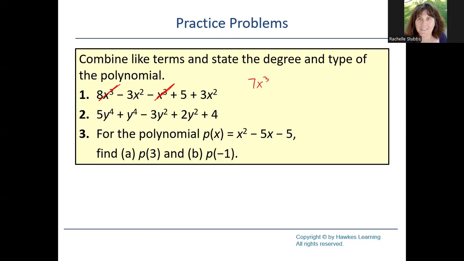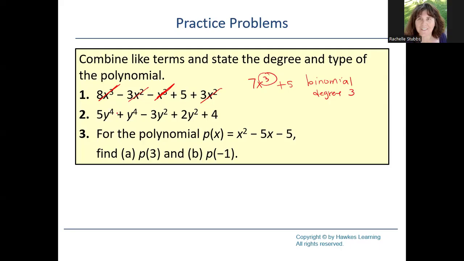All right, now a -3x squared and a positive 3x squared. Well, they're just going to cancel out and be zeros. And then what's left is a +5. So this is a binomial. And its degree, look at the leading term. Its leading term is 3.